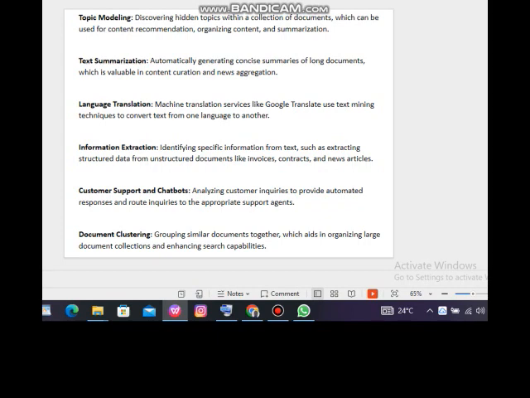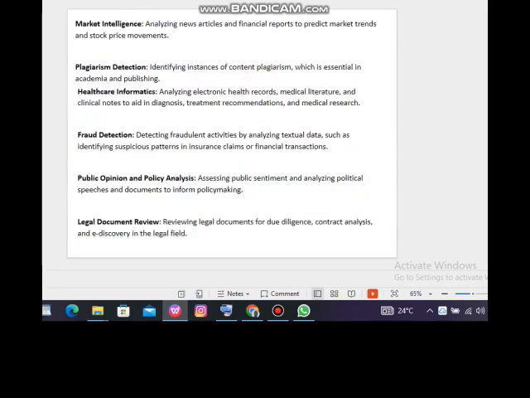Document clustering, grouping similar documents together, which aids in organizing large document collections and enhancing search capabilities. Market intelligence, analyzing news articles and financial reports to predict market trends and stock price movements.